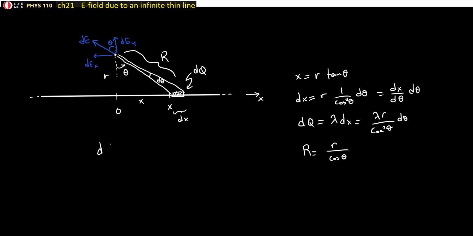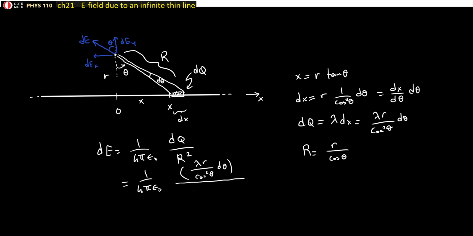So dE, first of all, is basically given by Coulomb's law. This is just the magnitude. Let's then simplify this. dq is given by this expression in here. So let's write this down: lambda r divided by cosine square theta d theta.